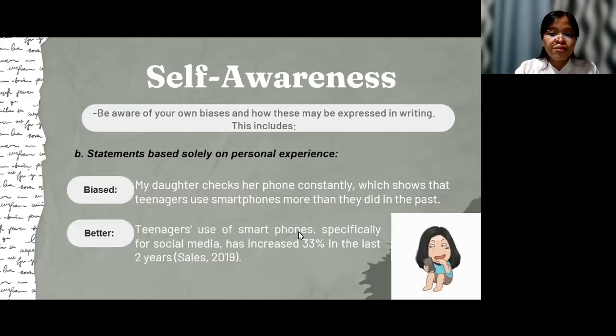Teenagers' use of smartphones specifically for social media has increased 33% in the last 2 years. That's according to Sales in 2019. So it's already 2022. So 2022 minus 2019, that's three years. And then last 2 years, 2017.